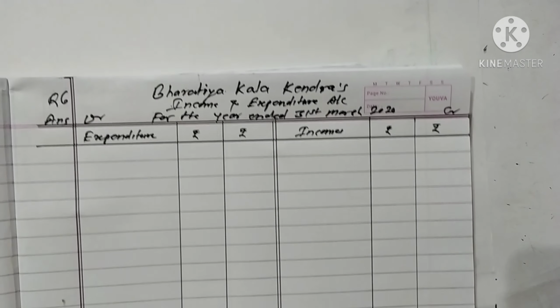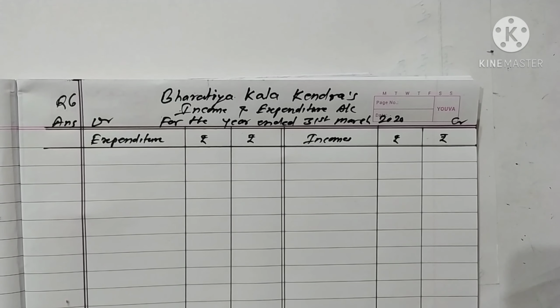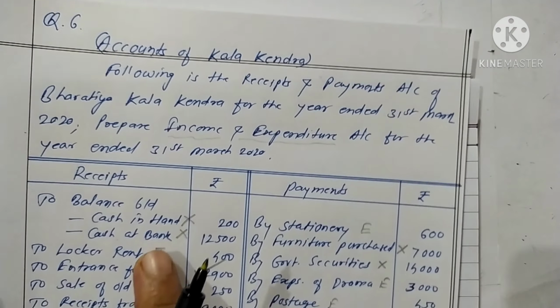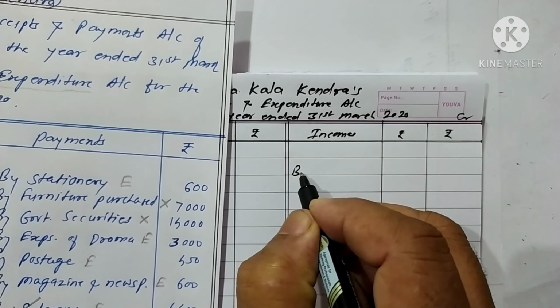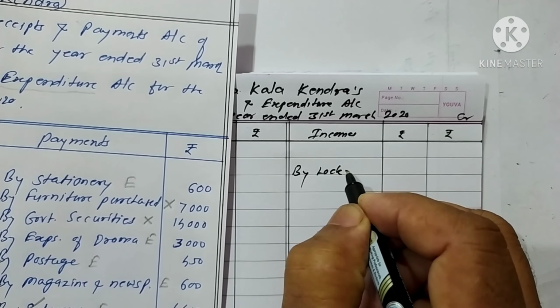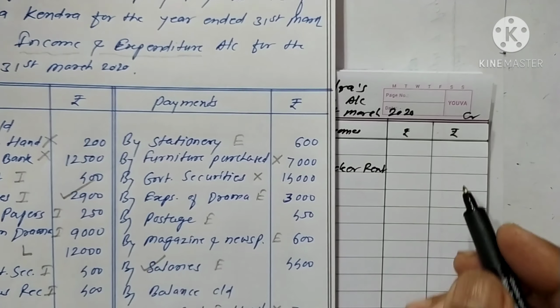The answer sheet is like this. Bharatiya Kala Kendra income and expenditure account for the year ended 31st March 2020. Expenditure rupees, incomes rupees. First we try to complete the income side. We just have to find out the incomes from the receipt side. Locker rent is an income. We write on the first line locker rent, rupees 400.